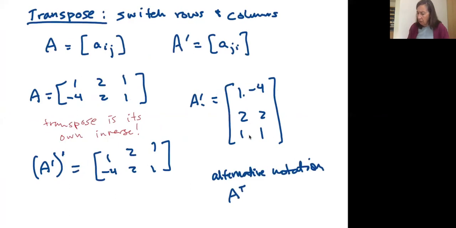Another thing to observe about transposes is that if you take the transpose of a square matrix, you don't change the dimension, but you do change the matrix.